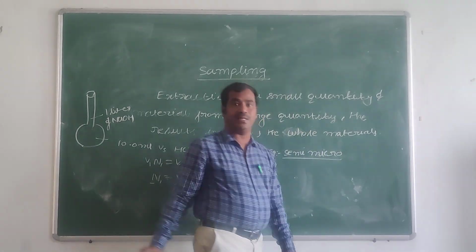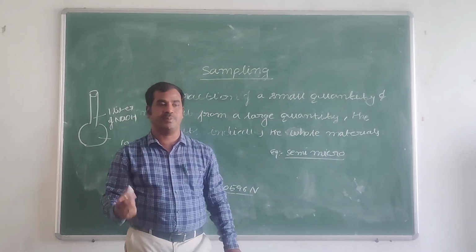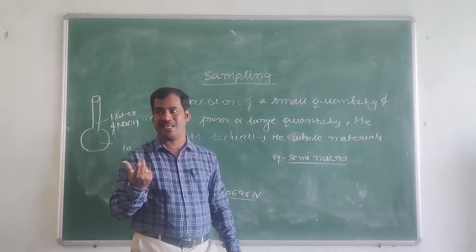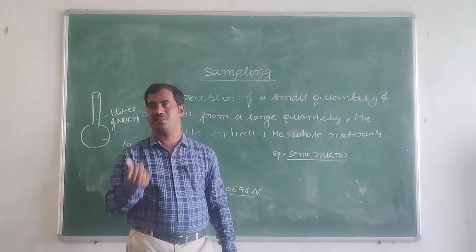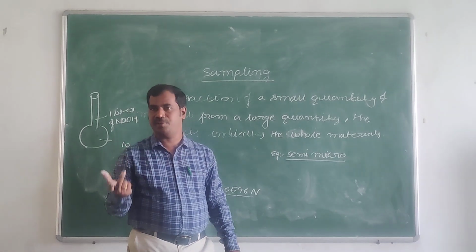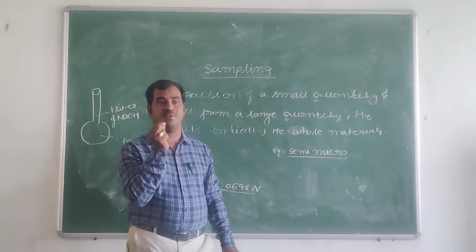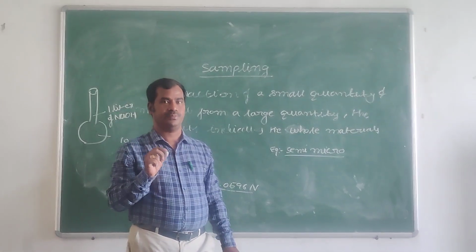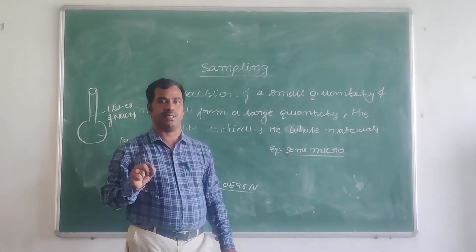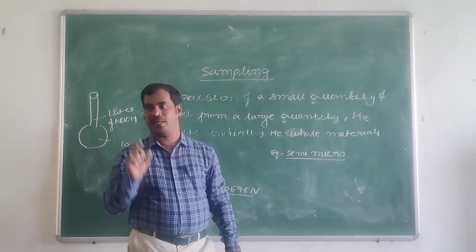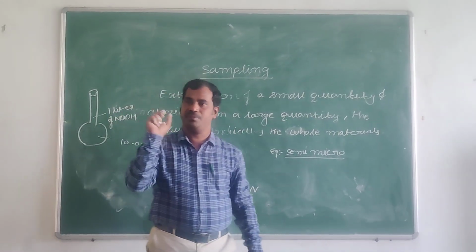Another example, semi-micro qualitative analysis. What is semi-micro qualitative analysis? In your laboratory for inorganic analysis, we are given a mixture of cations and a mixture of anions. From this mixture, we take a small quantity of sample in a micro test tube, add some inorganic acids to find out some anions and some cations.